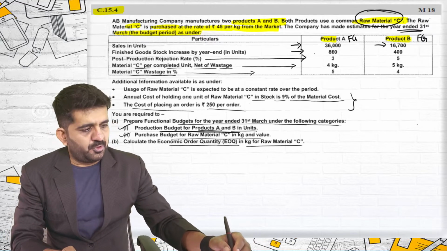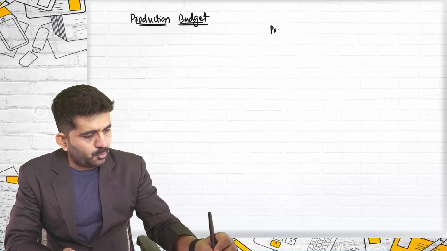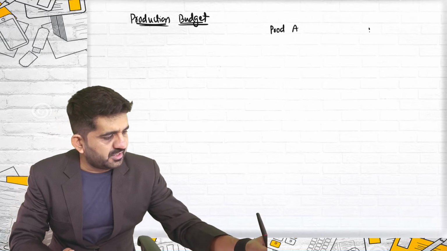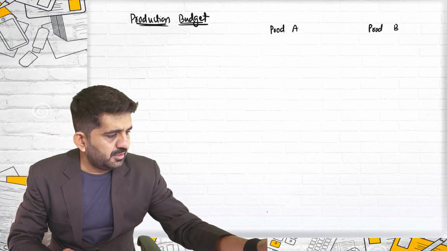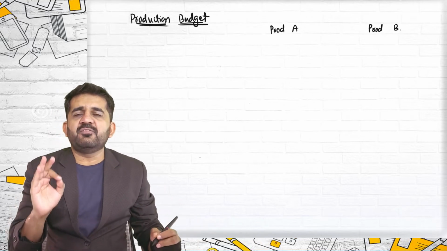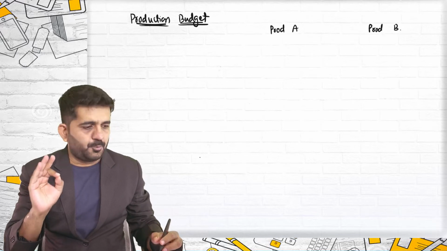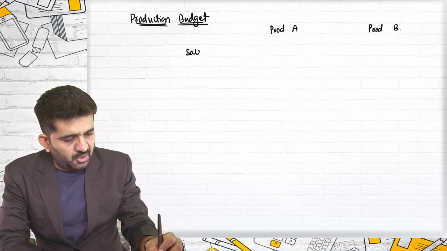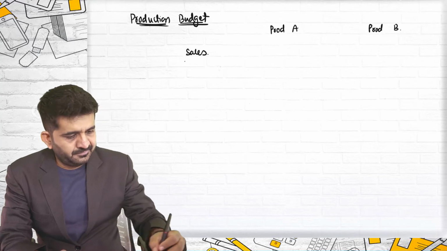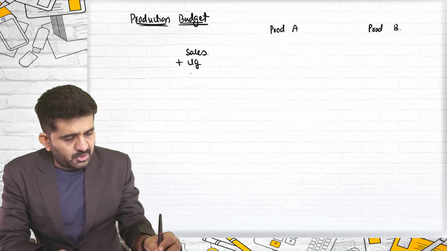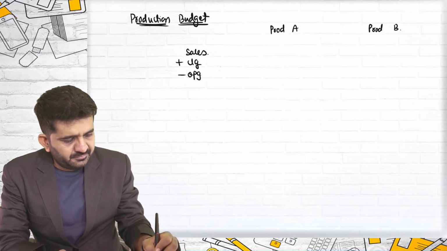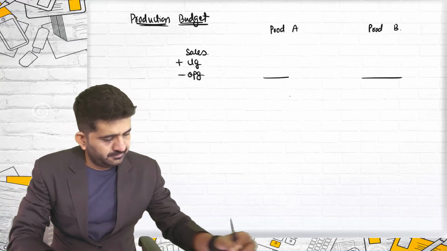The finished product is A and B. So production budget will be of product A and product B. There is a universal rule of doing a production budget. It is your required sales plus closing minus opening.